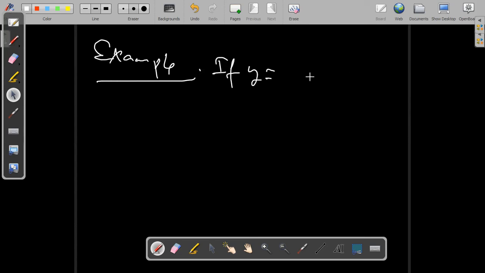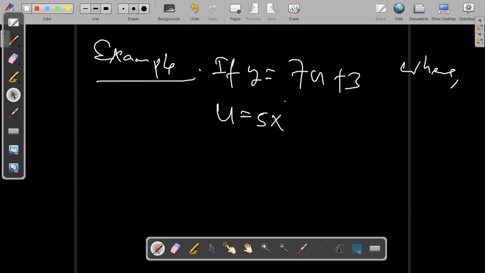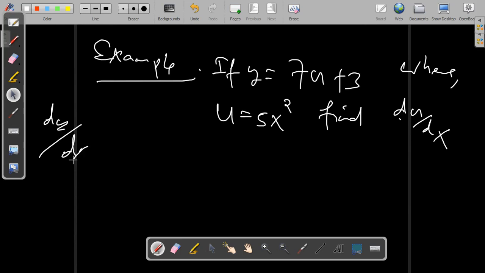If y is equal to 7u plus 3, and u is equal to 5x^2, now you are required to find dy over dx. So from our formula, dy over dx is equal to dy over du times du over dx.